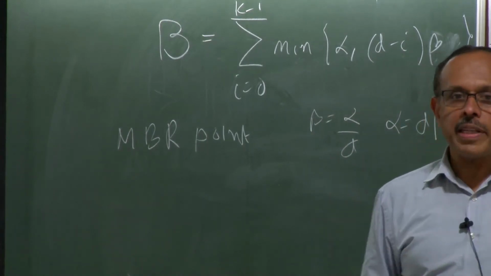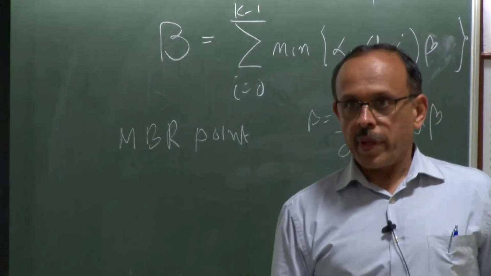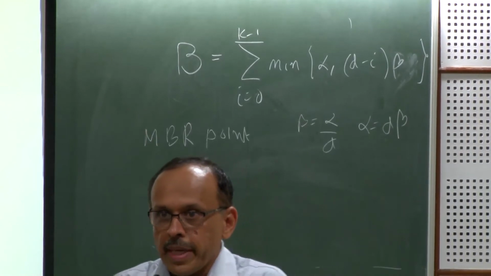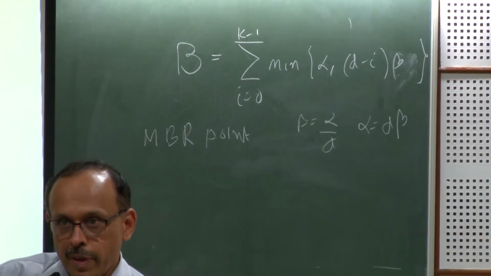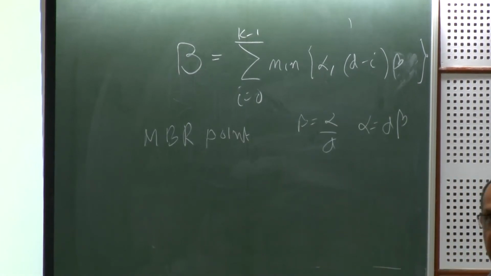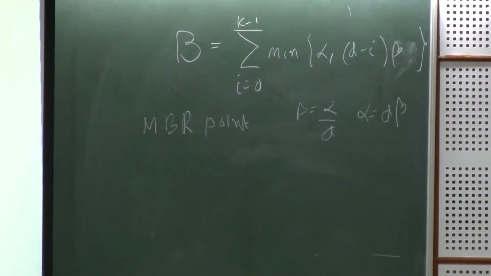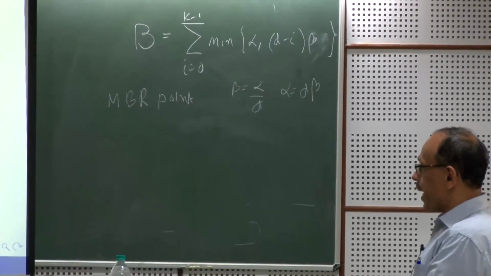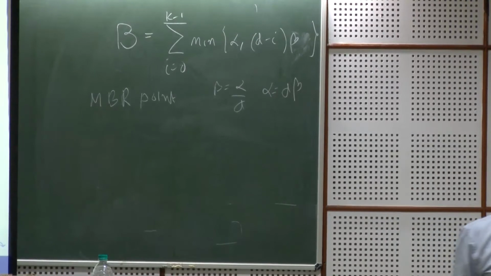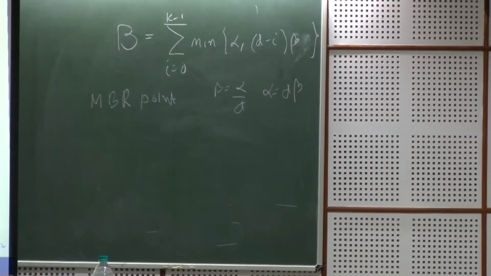That also makes sense because at the MBR point you connect to d elements and the d beta of bandwidth should be able to collect at alpha. So at the MBR point alpha is equal to d beta. Once I get beta, the alpha value is simply d times that. So really the point is to see whether we get that or not.